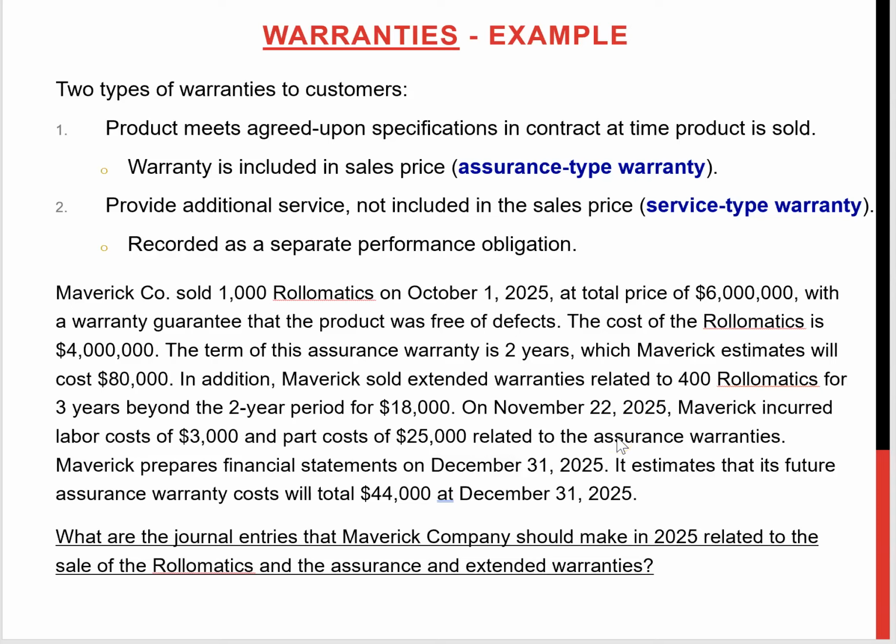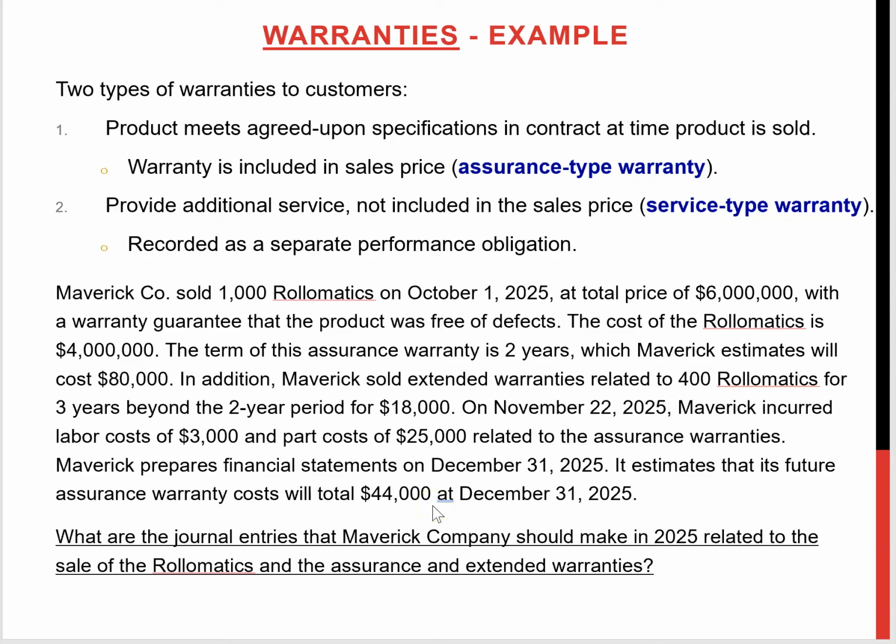On November 2, 2025, that means the same year, Maverick incurred labor cost and part cost related to the assurance warranty. It's within the first 2 years, so they have to provide those warranty services, and they will record it. Now, Maverick prepares its financial statements on December 31st, and for this year, they also estimate that the future assurance warranty will be $44,000.